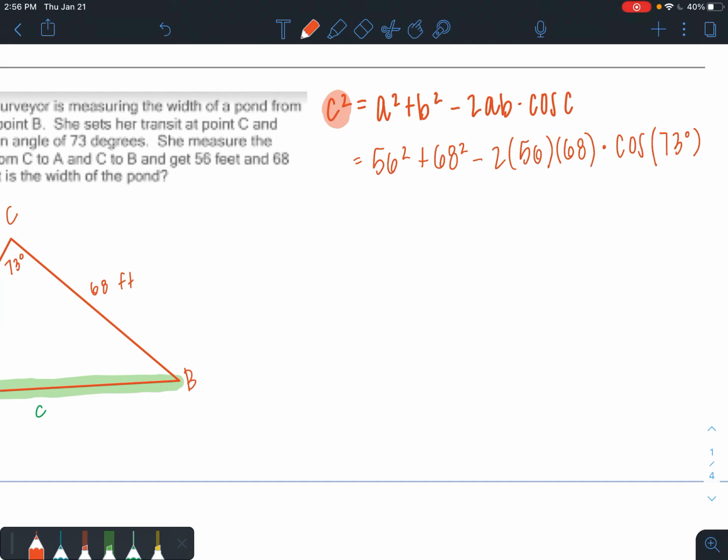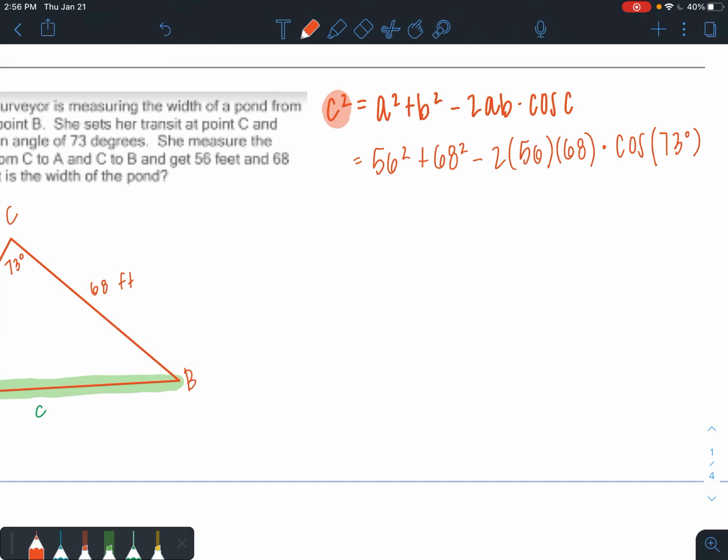All right, so then we want to simplify this out. Okay, I'm just going to have my calculator handy.